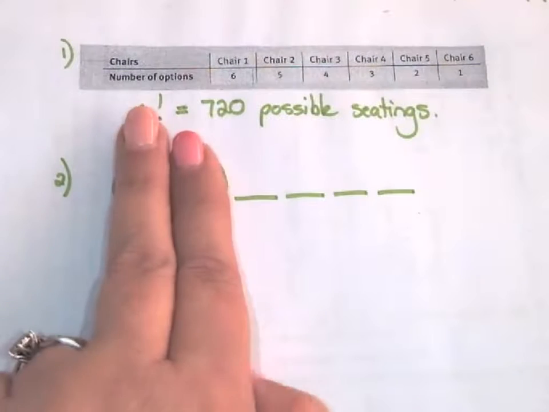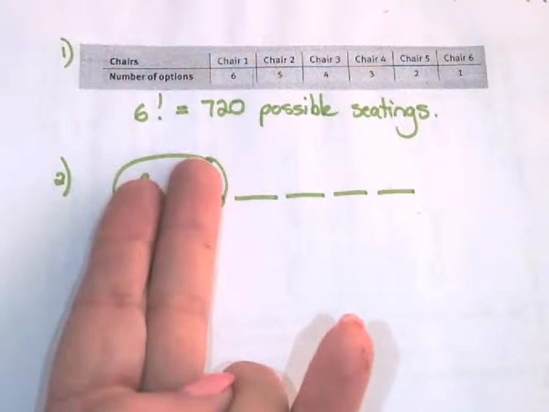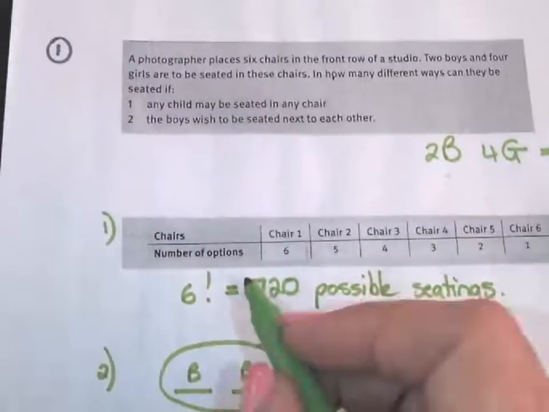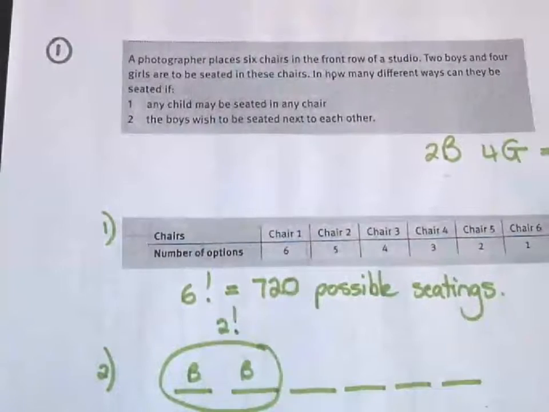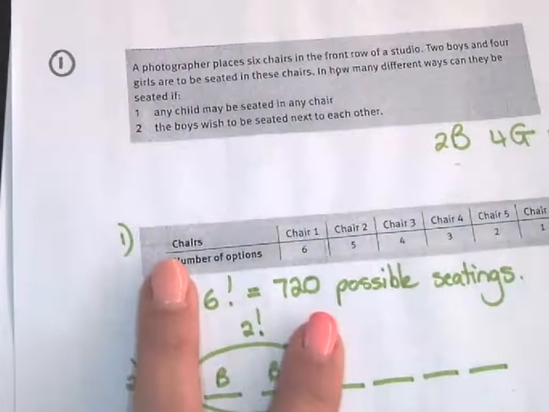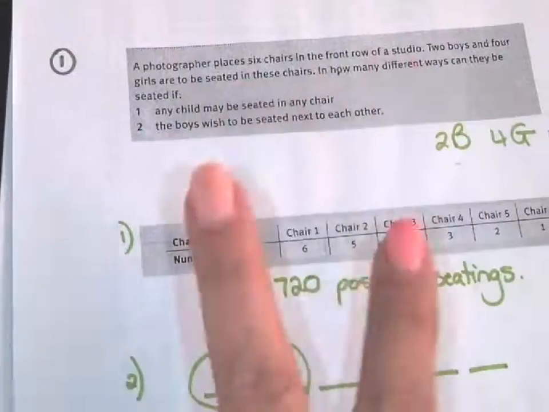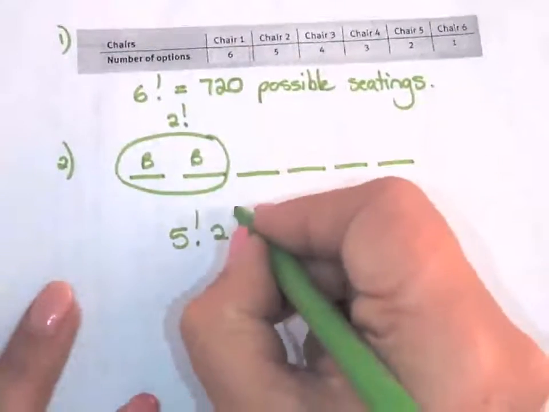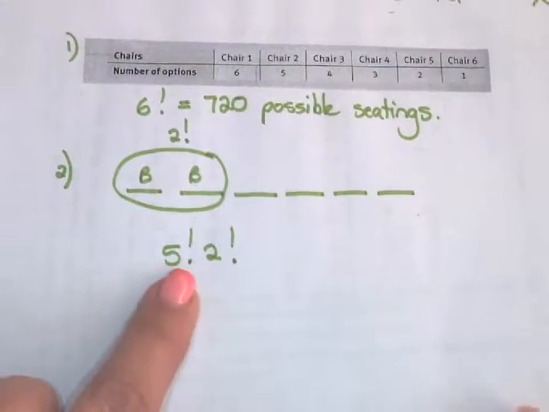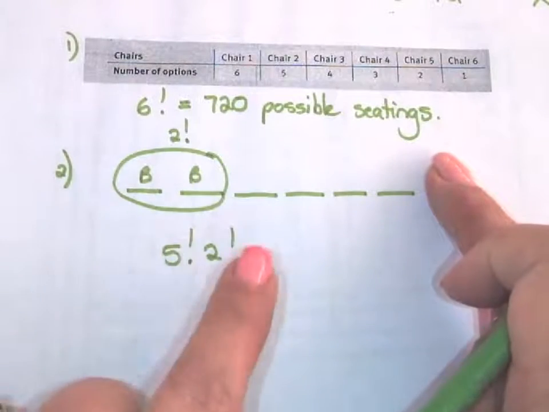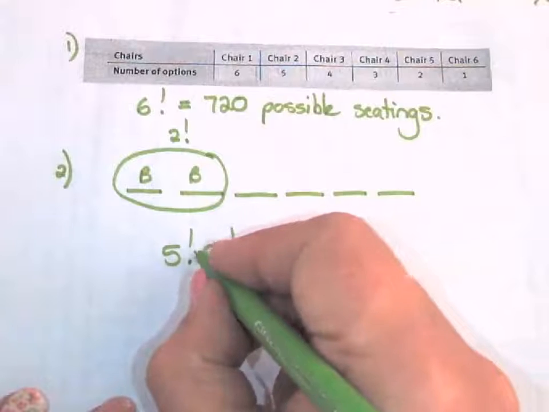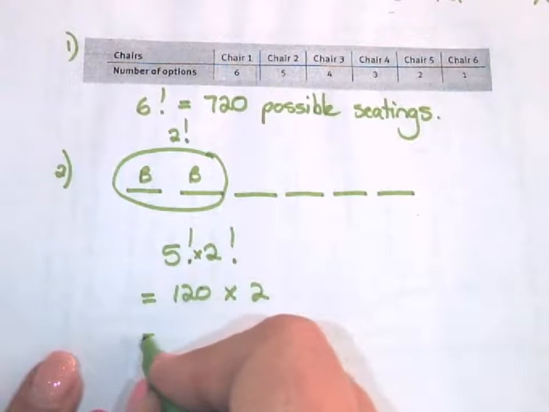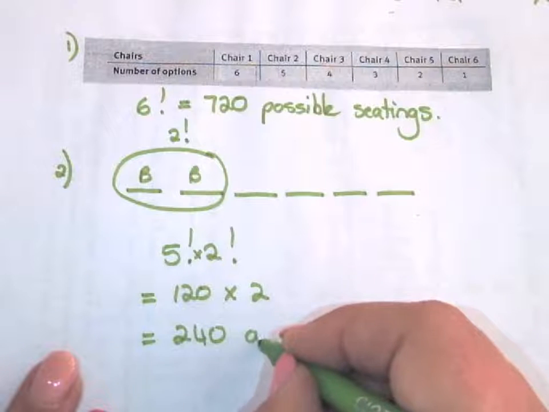But the boys can also sit like this. So the boys have 2 factorial seatings. They can sit like this, or they can sit like this. So it's two ways. Therefore, the possible seatings will be 5 times 2 factorial. And that gives you 120 times 2, and that's 240 arrangements.